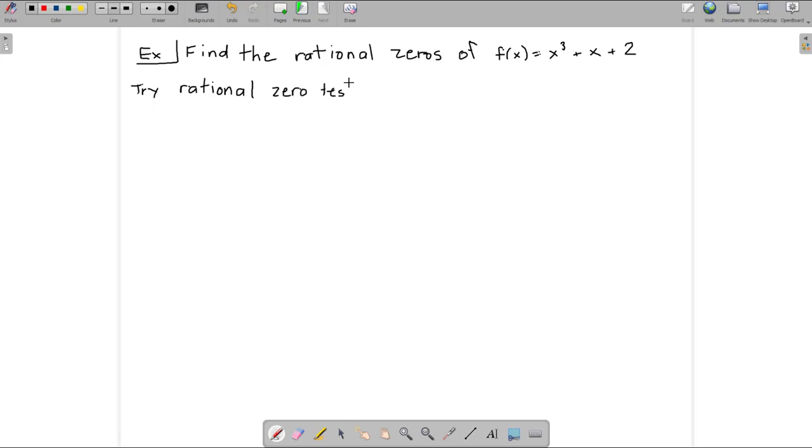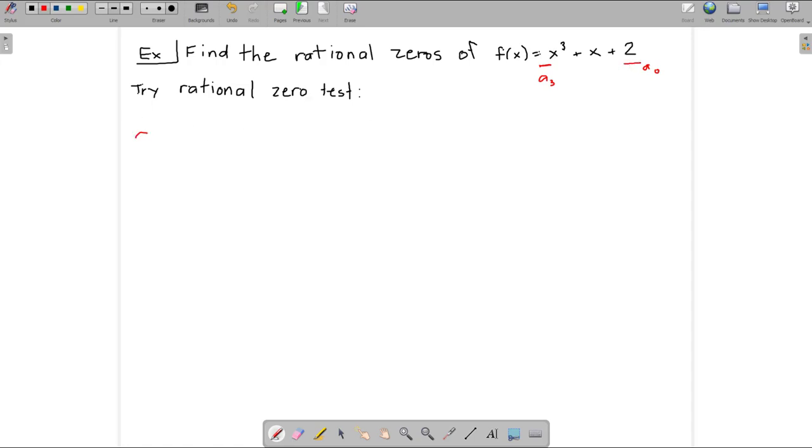So what I want to do is look at my constant term here. This is my a naught, or a sub 0 in this case. And look at my leading coefficient, a sub n, which is a sub 3 here, because we're of degree 3. And list the factors of those.